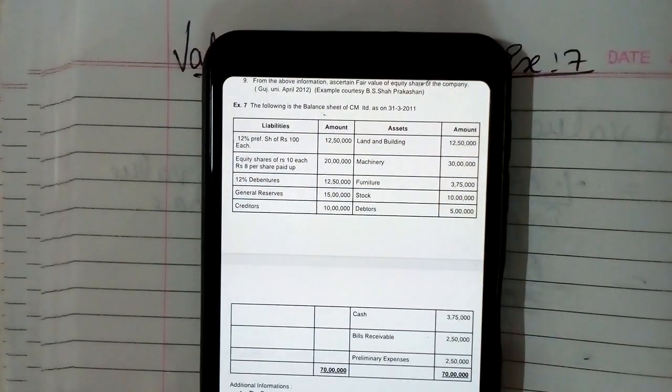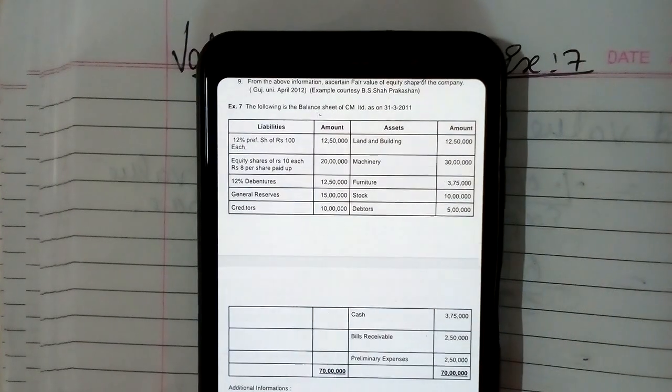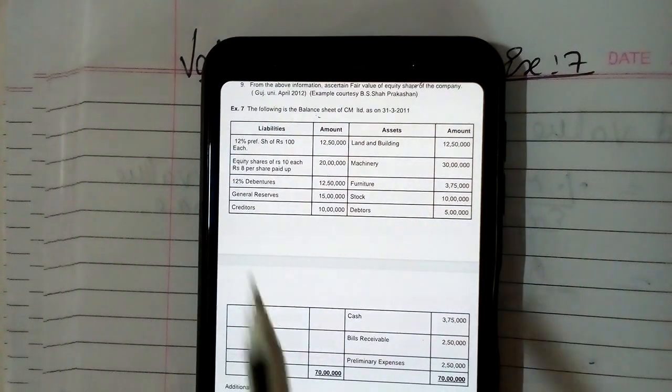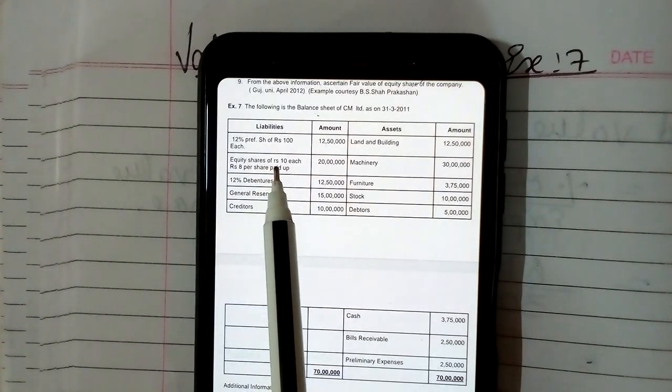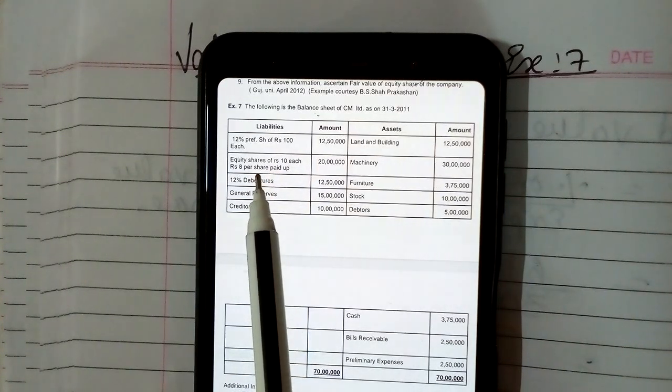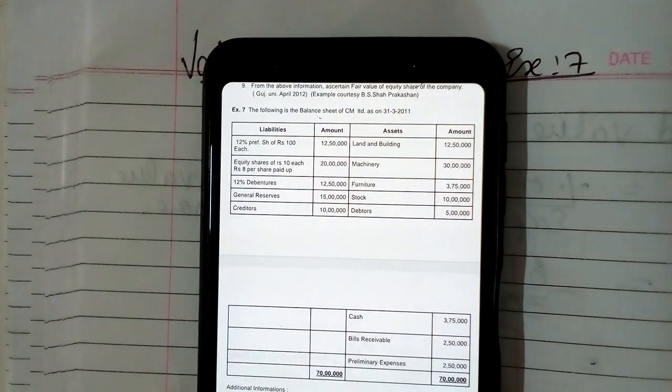The following is the balance sheet of CM Limited. 12% preference shares of rupees 100 each, equity shares of rupees 10 each at rupees 8 per share. So 10 rupees is the face value, but only 8 rupees paid up, right? 12% debentures, general reserve, creditors 10 lakhs.